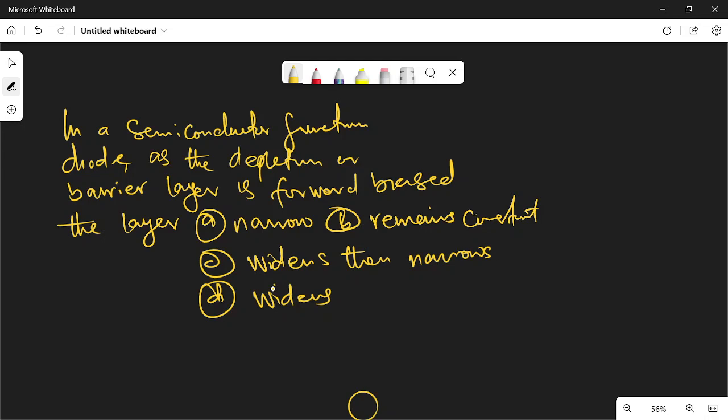So which will be the right answer there? In a semiconductor junction diode, as the depletion or barrier layer is forward biased, the layer A. narrows, B. remains constant, C. widens then narrows, D. widens.